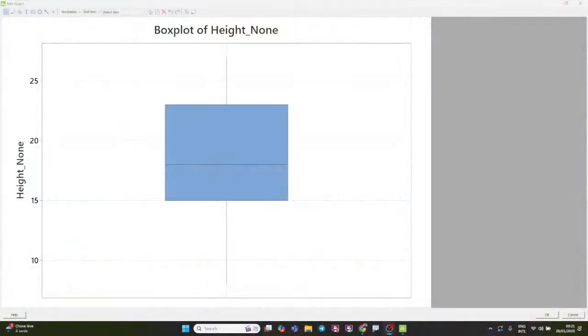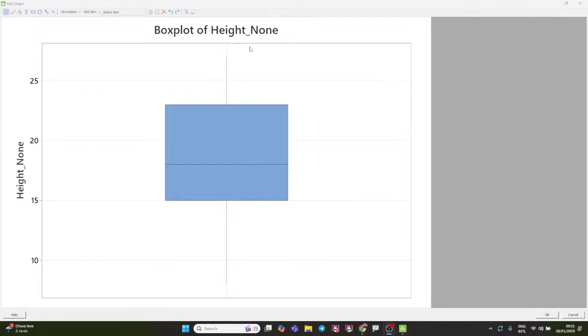And so let me go back now to my simple box plot, and let's fully understand what's going on here.